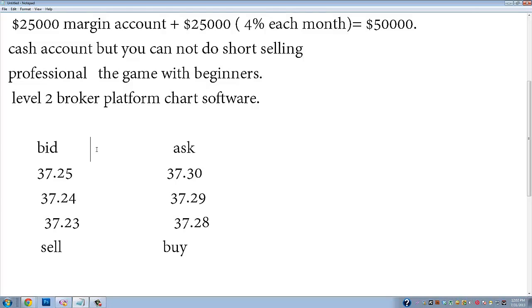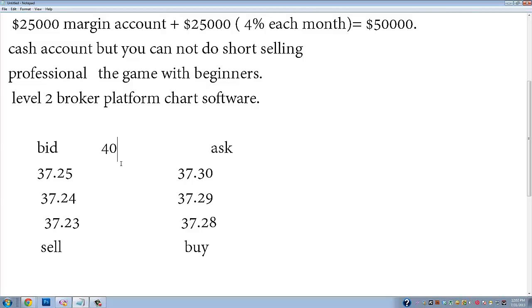You see here, let's say, the number of shares of the bid. For example, let's say 4,000 shares. Like when you say 40, it means 4,000.